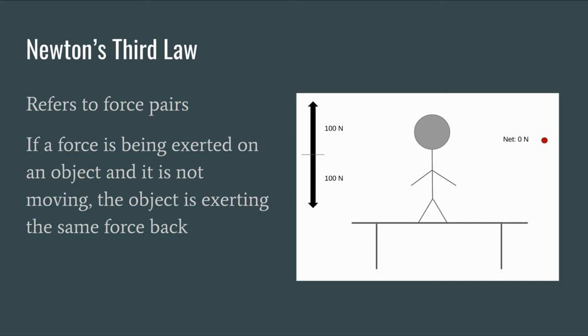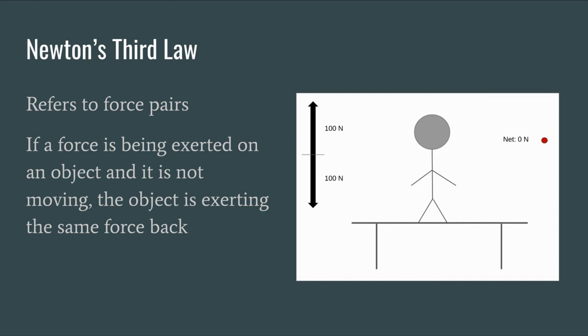If a force is being exerted on an object and it is not moving, remember it is a balanced force, so there's no movement happening, the object is exerting the same force back. So if we're looking at our scenario here, we're having a person who is exerting 100 newtons of force down on the table. Because the table is not breaking, it is exerting the same amount of force upward at the person. Now remember back to our balanced and unbalanced forces.